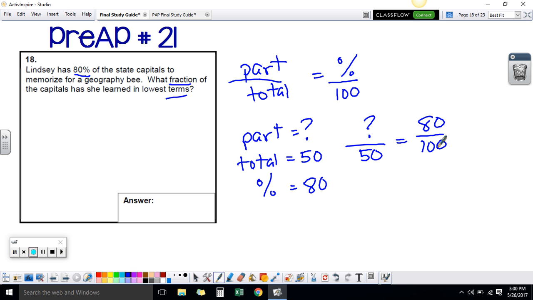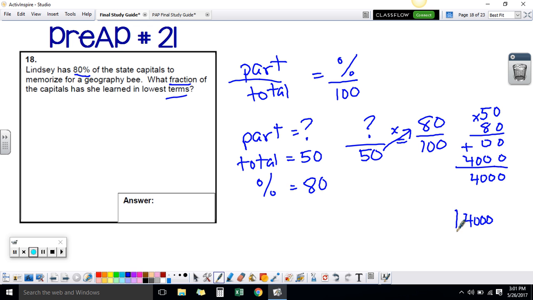Okay, so we are going to cross multiply again. So 50 times 80 going to give us a 0, drop a 0, 0 and 40, add. So we're going to get 4,000, and then we're going to divide.